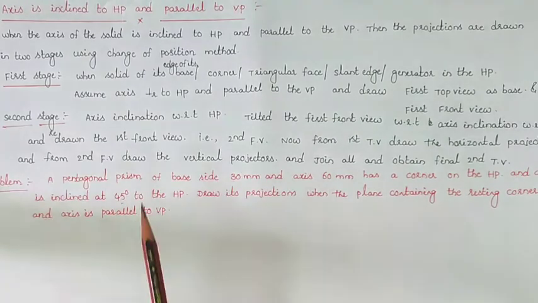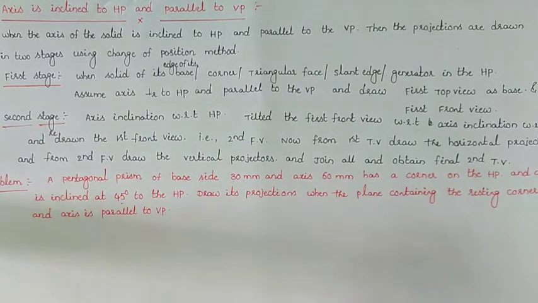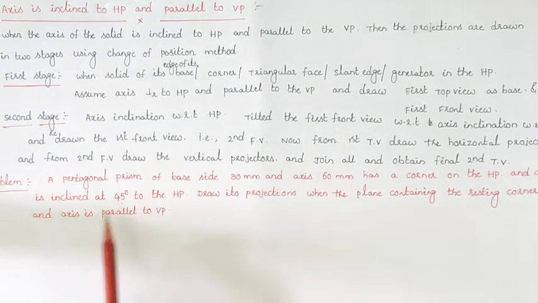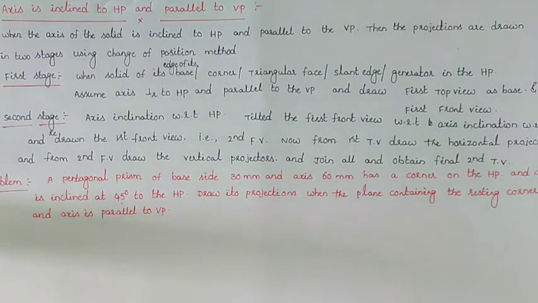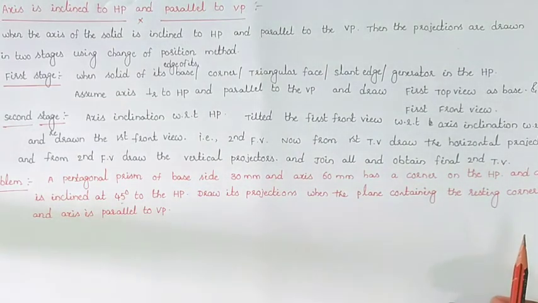In the next position, if the axis is inclined to VP, we assume the axis perpendicular to VP and draw the first front view. But here the axis is inclined 45 degrees to the HP, so we will draw the first top view of our diagram.